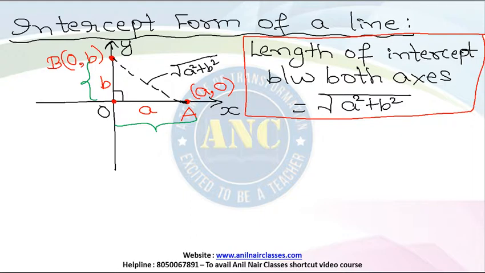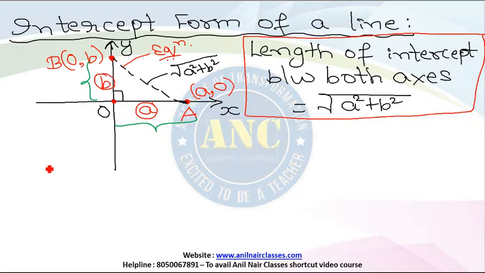It is square root of a square plus b square. Now we are more interested in knowing the equation of this line in intercept form. That means using these intercepts a and b, how to create an equation for that particular line. That is what I am very interested in.